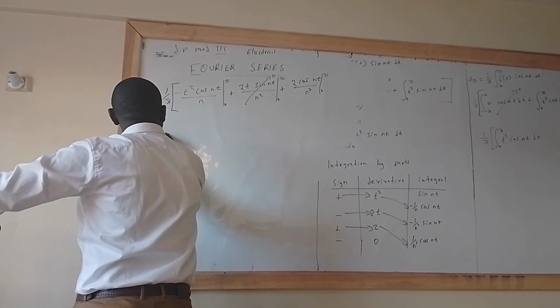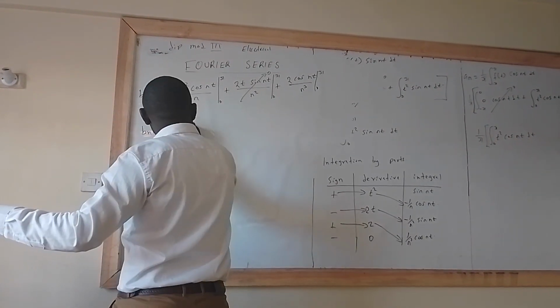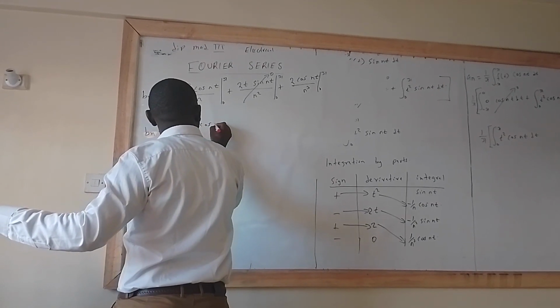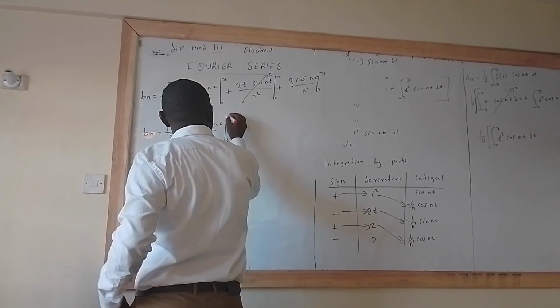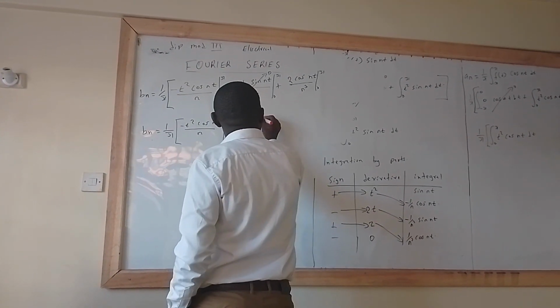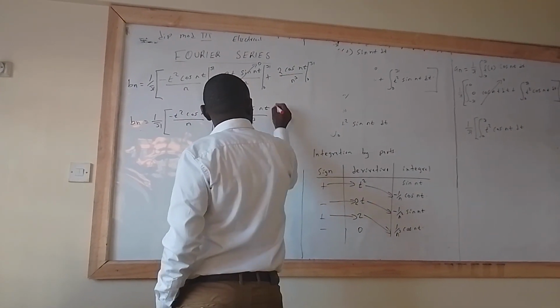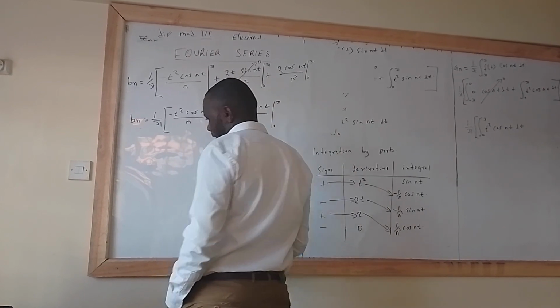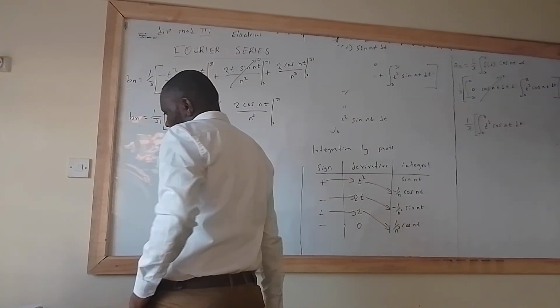Now we have b of n is equal to 1 over pi, open the bracket. I have negative t squared cos of nt divided by n in the range of 0 to pi plus 2 cos of nt divided by n power 3 in the range of 0 to pi.